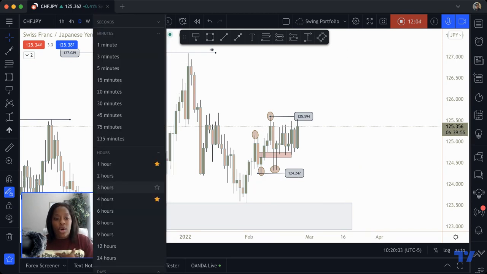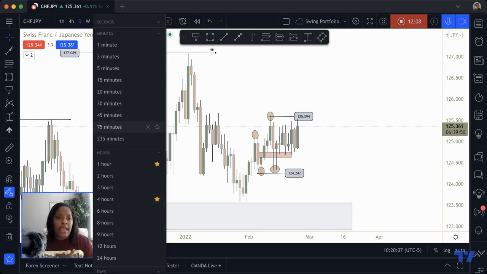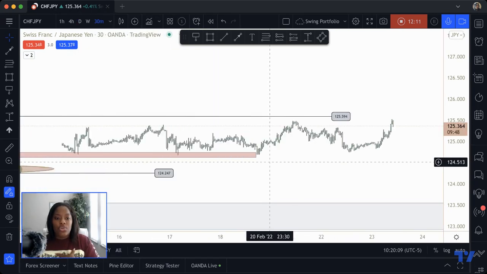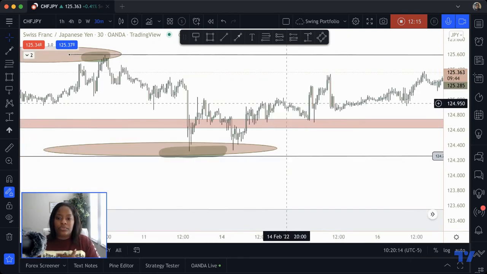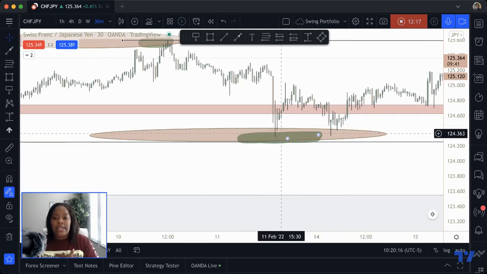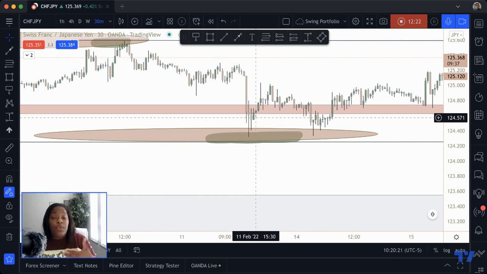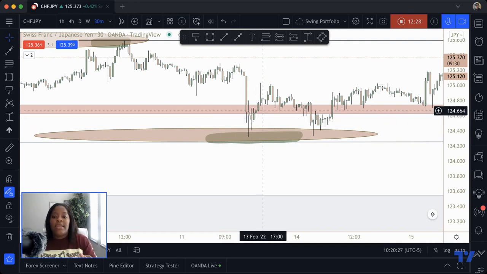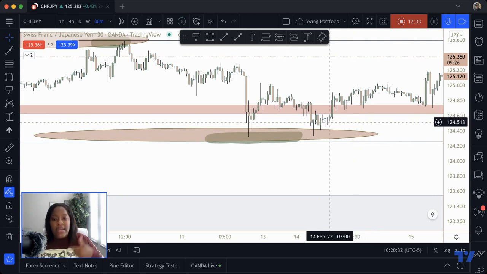If I dropped all the way down to a 30-minute time frame to enter this trade, let's go down here. If you are an inexperienced trader when price broke, especially if you're using support and resistance or a trend line or whatever the case may be, you might accidentally sell this thing because you may think, well, price dropped below it twice, I think it's going to go back down. And now you're going to confuse yourself.